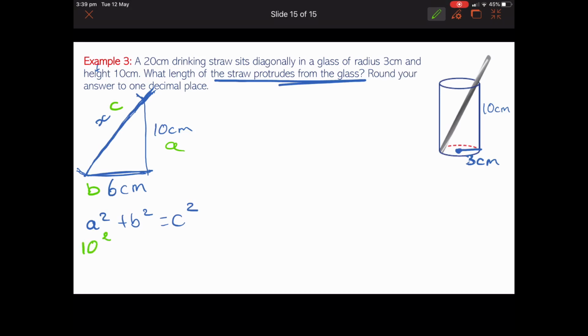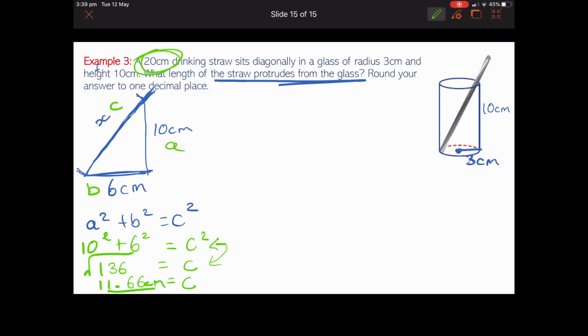So 10 squared plus 6 squared equals c squared, 136. So we're going to take the square root of 136 to get c. Hopefully you're able to skip between this line straight to this line now. And that equals 11.66 equals c. So our straw was 20 centimeters long, and we know that 11.66 is sitting in the glass.